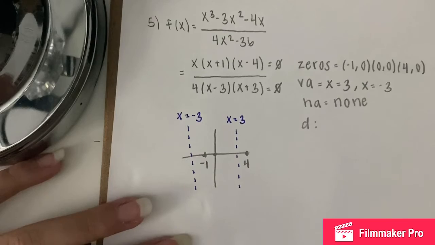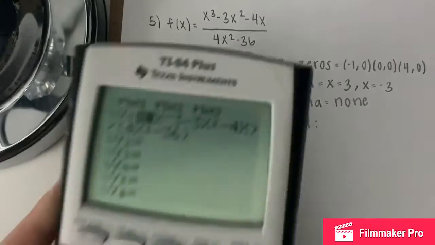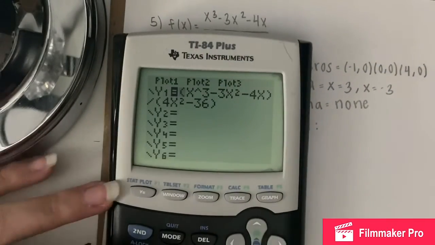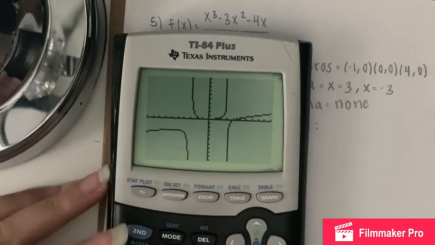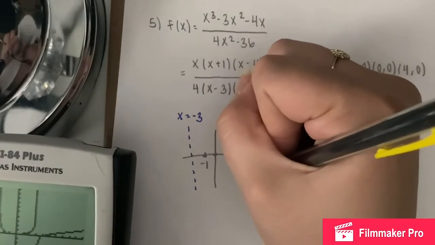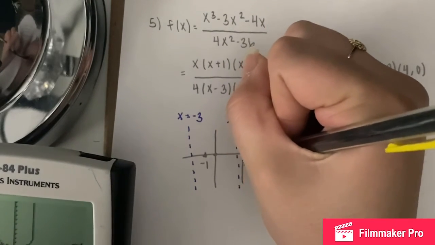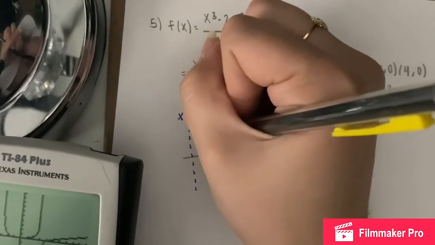Now that we have this, we are going to plot it into a calculator so we can get what our graph will look like. And I've already gone ahead and done that, so now we just graph it, and our graph should look something like this. It doesn't pass the vertical asymptote line, and just around there.